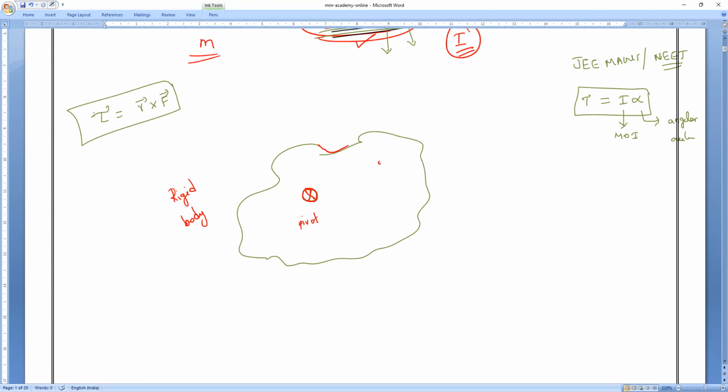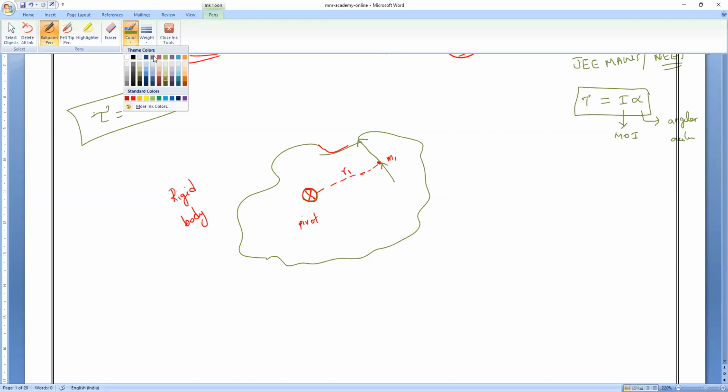Now let me choose a small mass m1, at distance R1 from the pivoted point. As it revolves, the force acts in this direction and the acceleration is tangent to the circular motion, perpendicular to the radius.